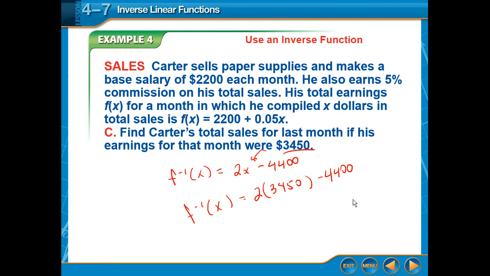So multiply these together, I get 6900 minus 4400. So I get 2,500 is going to be his total sales based off his total earnings.